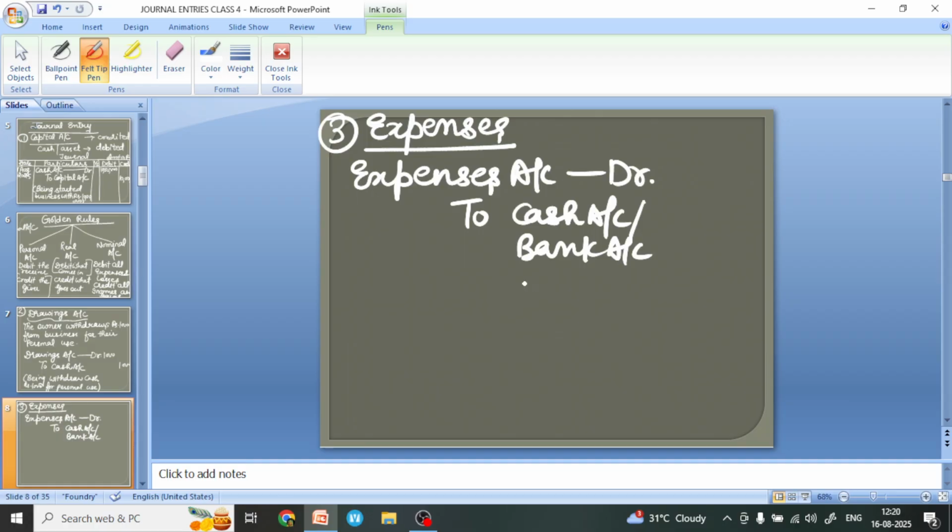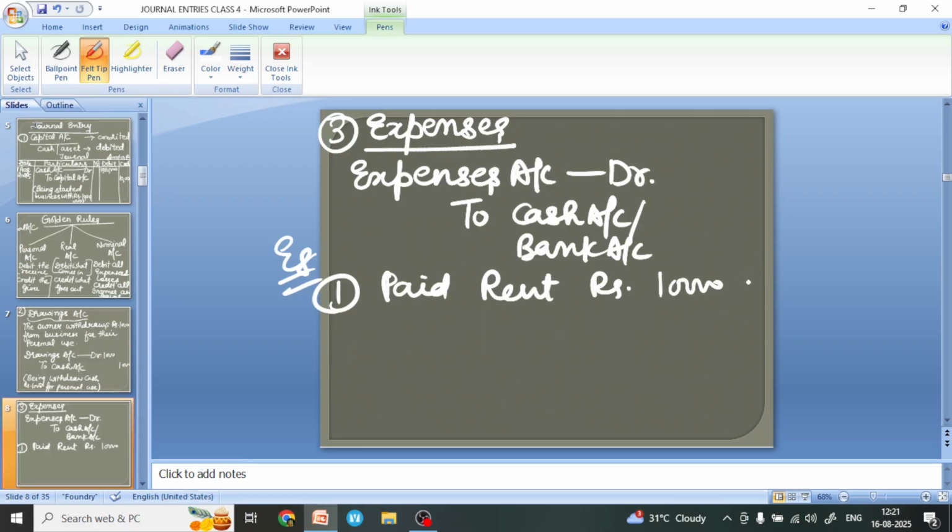I again repeat, for easy understanding, I will take one example: paid rent rupees 10,000 of shop.